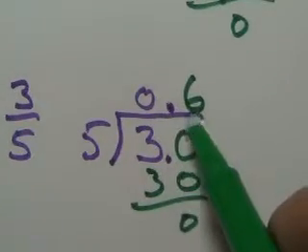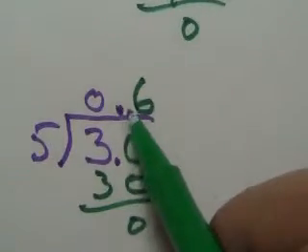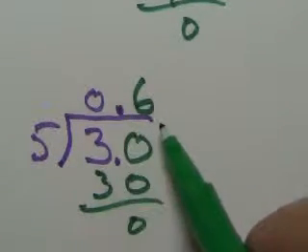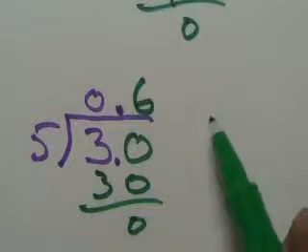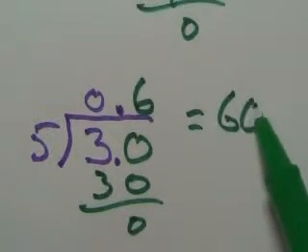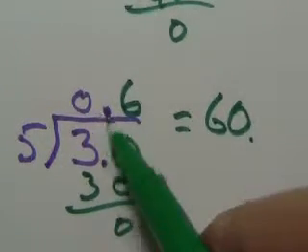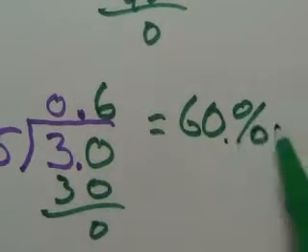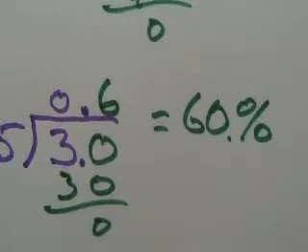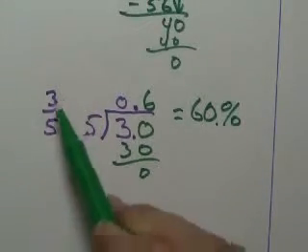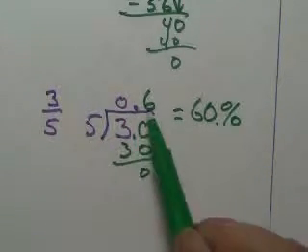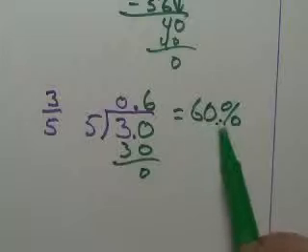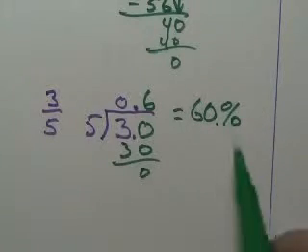So it's 0.6. Now I change 0.6 into a percent. So I move it over 1, 2 spaces, add a 0, 60%. So I take a fraction, I divide it to make it a decimal, and then move the decimal over 2 spaces. Now it's a percent.